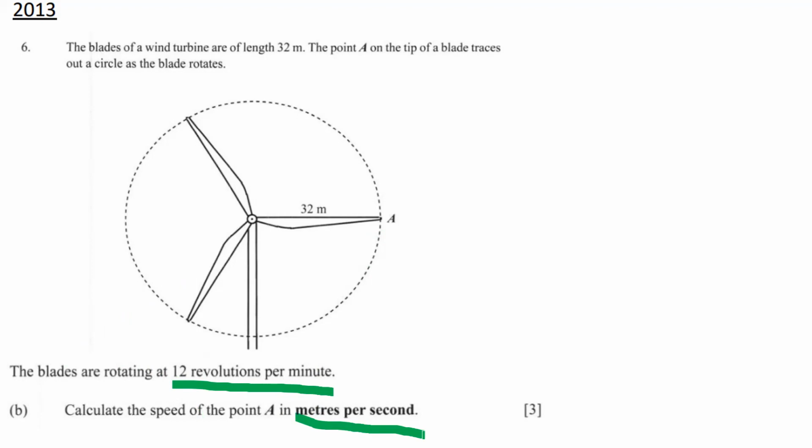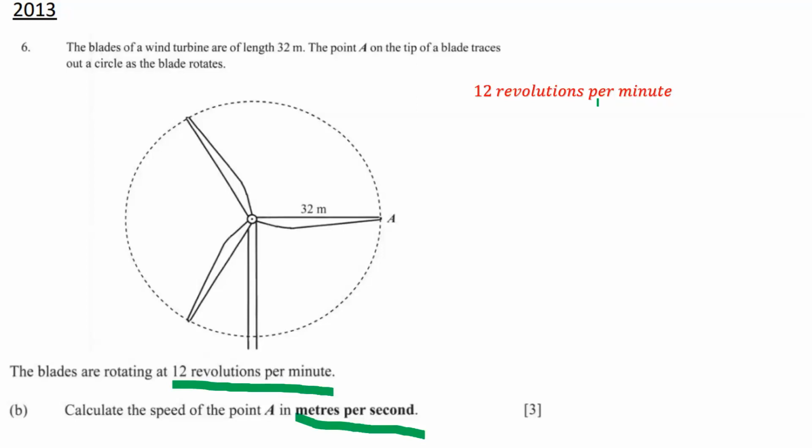Okay. So let's do this step by step. The first thing we need to remember is that the blades are moving at 12 revolutions per minute. That means every 1 minute, every time you have 60 seconds, you're going to have 12 revolutions.